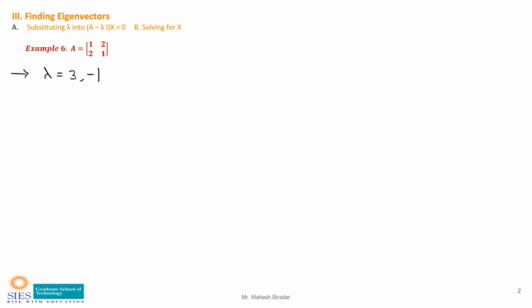In this video, our purpose is to find eigenvectors associated with lambda equal to 3 and minus 1. So for that, you need to substitute lambda is equal to 3 into (A minus lambda I) into x is equal to 0.